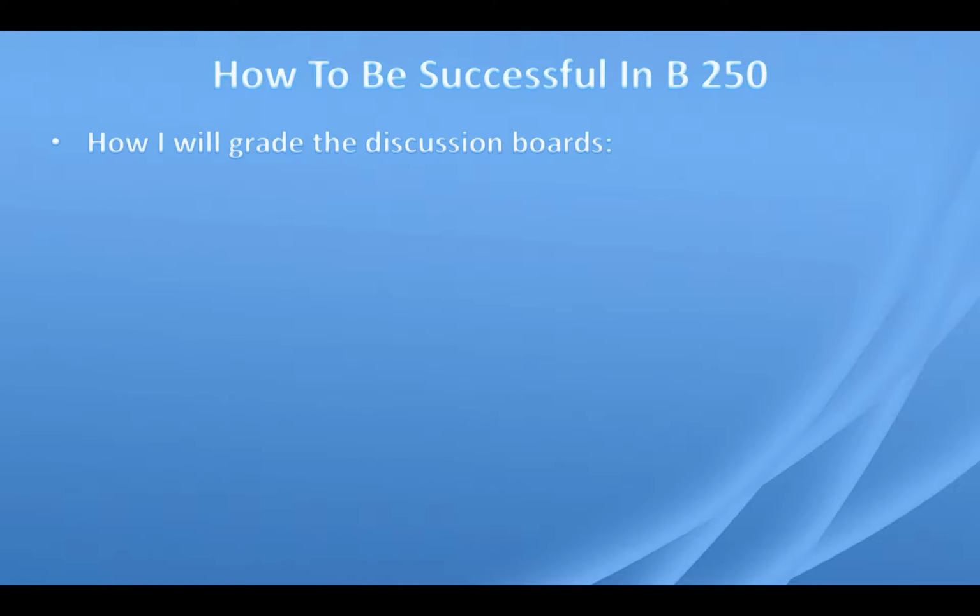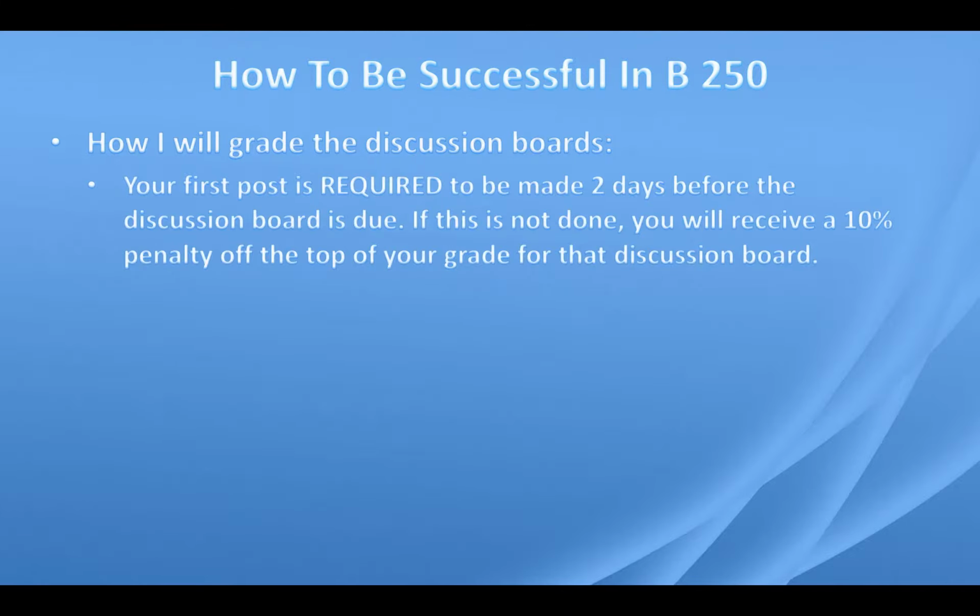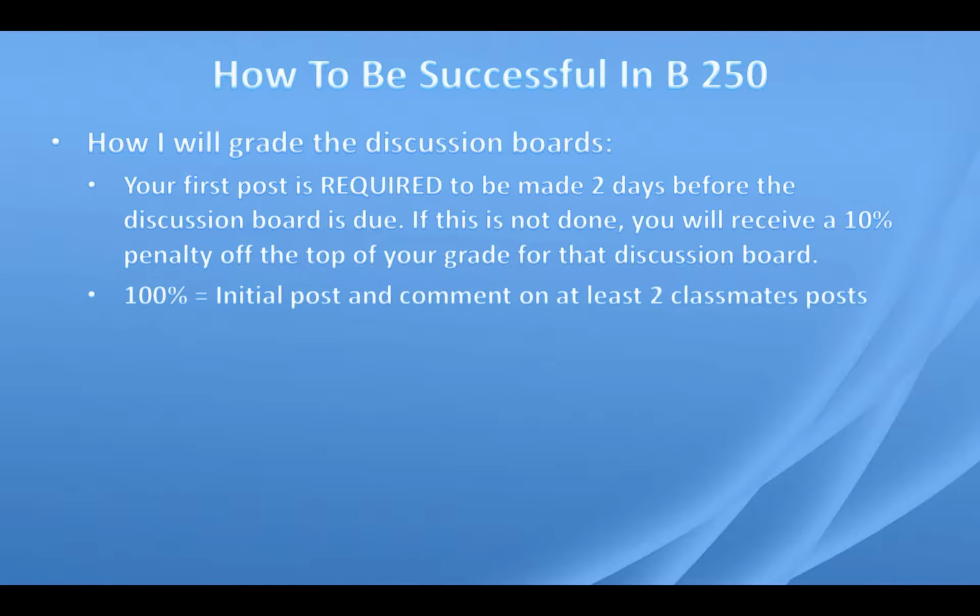Now, I want to tell you how I'm going to grade the discussion boards because I don't want there to be any surprises. Okay, the first post of a weekly discussion board is required to be made at least 2 days before the discussion board is due. If it's not done, you will receive a 10% penalty off the top of your grade for that discussion board. Now, if you do an initial comment and comment on at least 2 classmate posts, and they have to be significant posts, then you will get 100%.